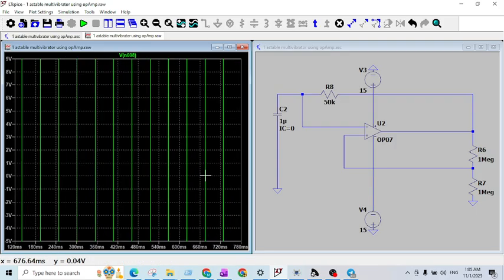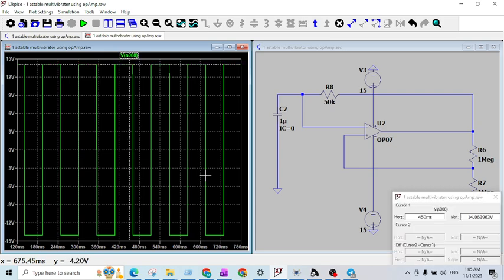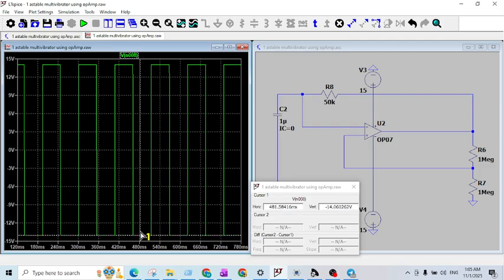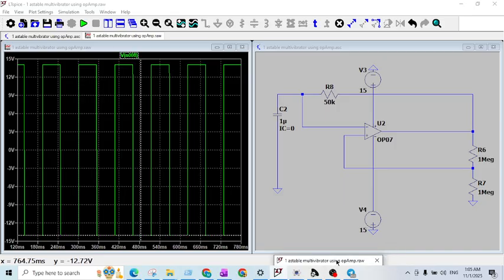Okay, you see the voltage is not actually 15 volt, it's actually 14.06. And if I again go here, you see this voltage is not actually 15 volt, it is actually minus 14.06. So that might be the reason.